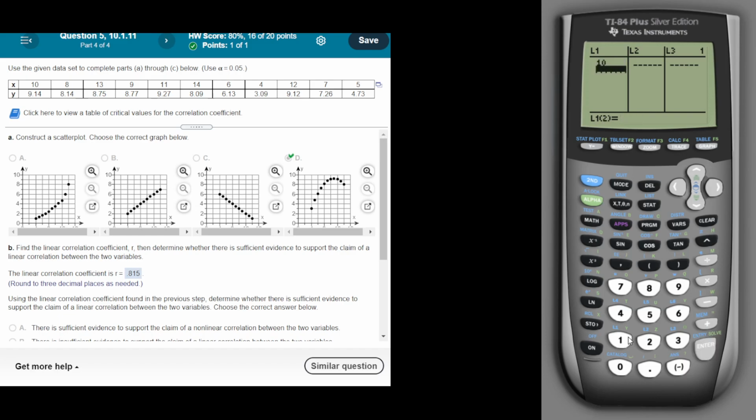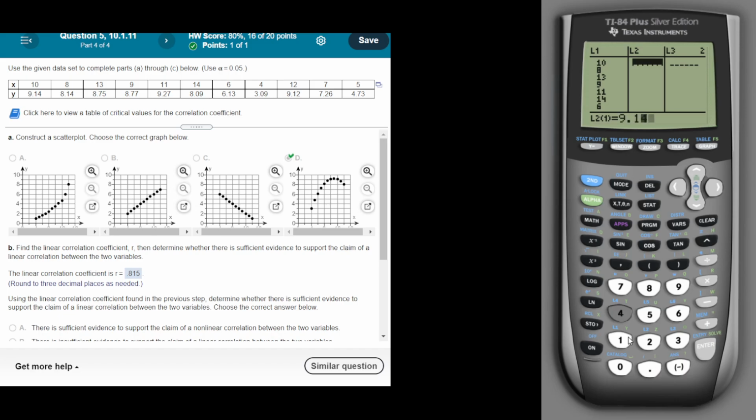We have 10, 8, 13, 9, 11, 14, 6, 4, 12, 7, and 5.